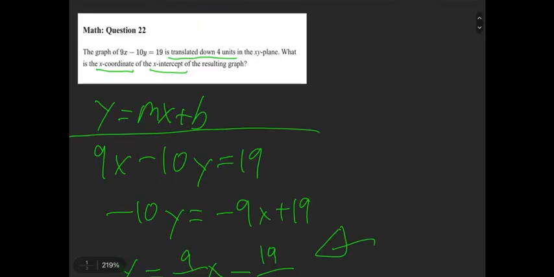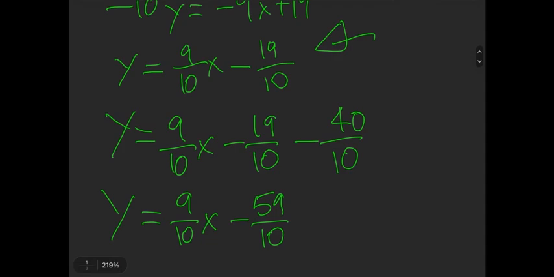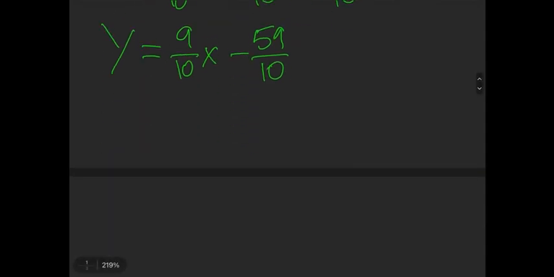We're trying to find the x-coordinate of the x-intercept of the resulting graph. So first of all, we have to find the x-intercept. What is the x-intercept? The x-intercept is in the form (x, 0), where x is the x-intercept and y is 0.